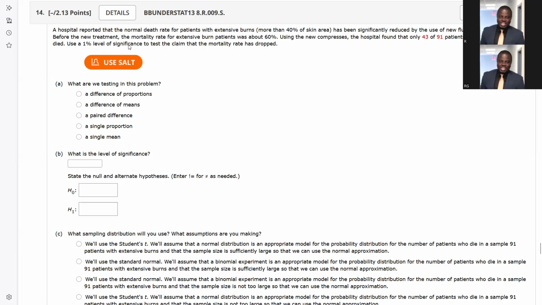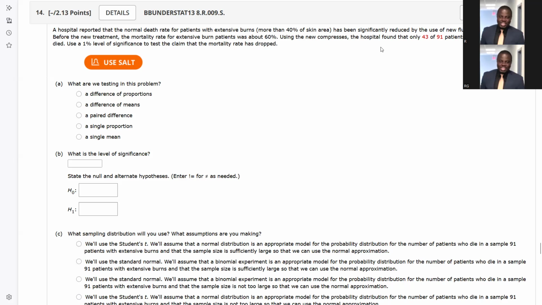Before the new treatment, the mortality rate for extensive burn patients was about 60%. Now, remember, as we said in class, this 60% is a population parameter, right? So it is your P, and that you're going to use for your hypothesis, H0 and then H1.